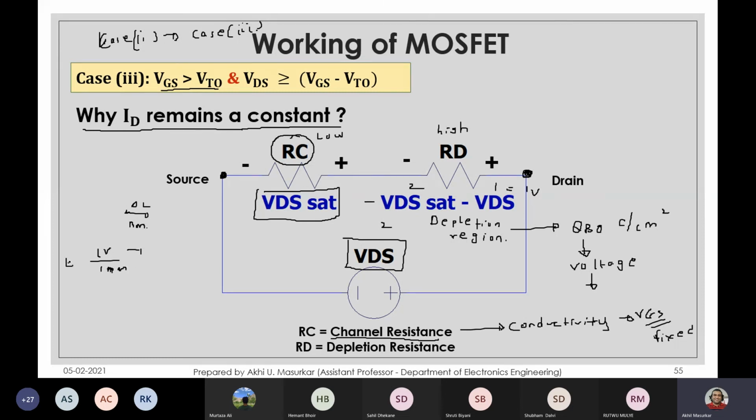The electric field will be volts per meter, that is going to be 1 gigavolt per meter. So it's a huge electric field in a very small space which can overcome QBO, the depletion charge density, and because of which the current can still flow.